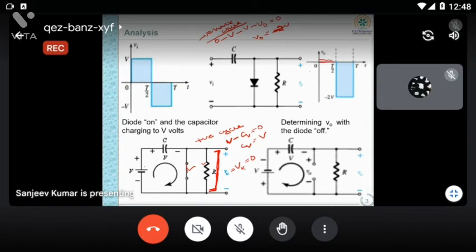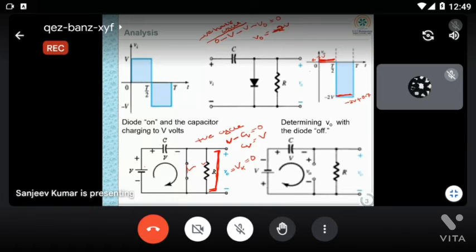Remember, for germanium or silicon, accordingly this value will be changed. So this will be minus 2 volt plus 0.7 if I am taking silicon. So apply the same formula. Are you getting me?